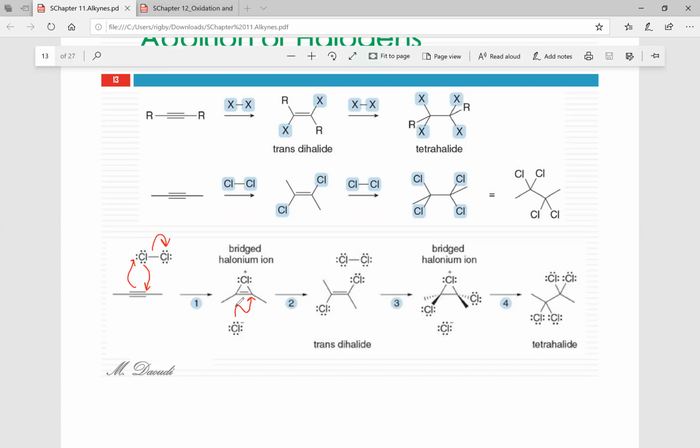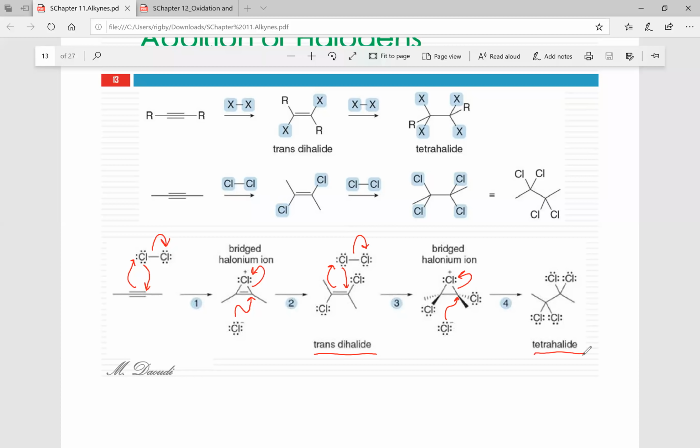But then the nucleophile attacks, that bond breaks, and we end up with our trans dihalide, and then the same thing occurs again. The chlorine is grabbed by the double bond, chlorine grabs on the other carbon, chlorine-chlorine bond breaks, chlorine attacks one of the sides of the bridged halonium ion, it breaks, and we end up with a tetrahalide.